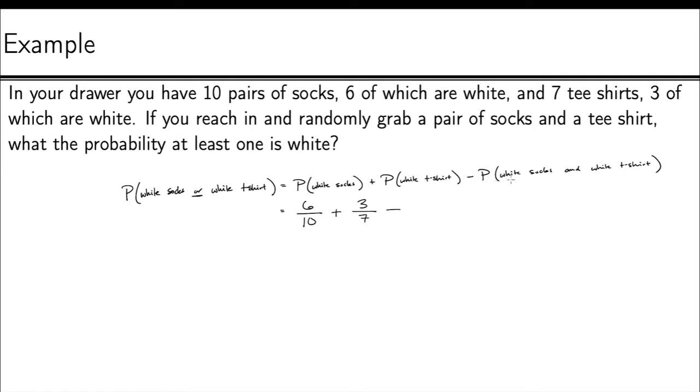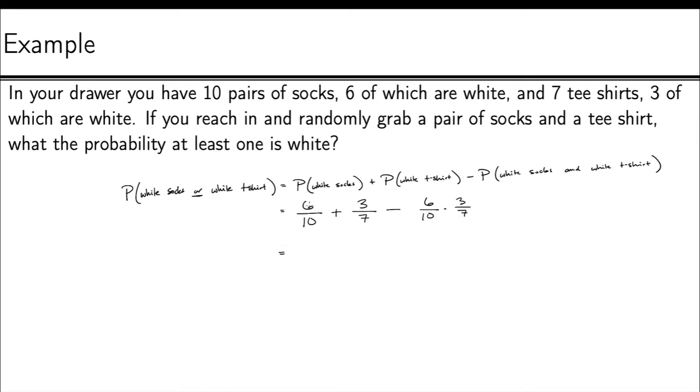Minus now the probability of white socks and white t-shirt. So these are independent events, so this is just the product of the 2. The probability of white socks was 6 out of 10 times the probability of white t-shirt, which is 3 out of 7. So now we can get a common denominator. It's actually going to be 35 here.